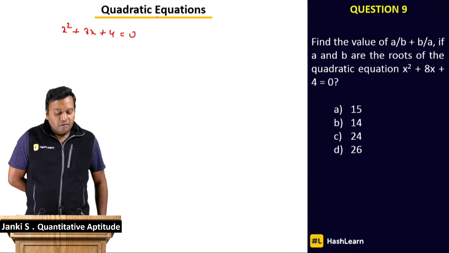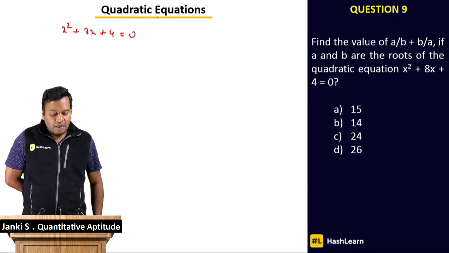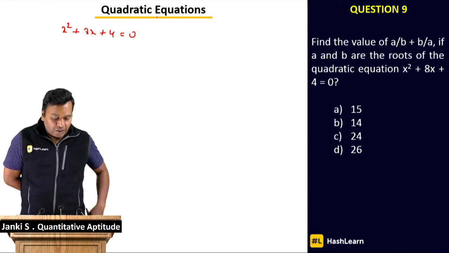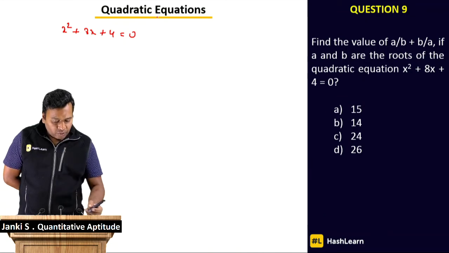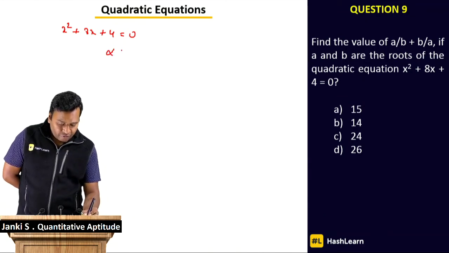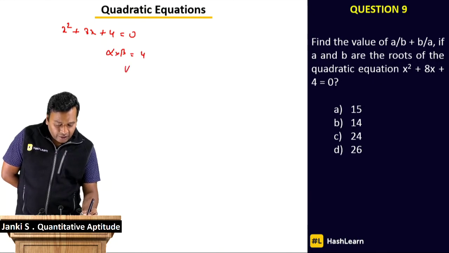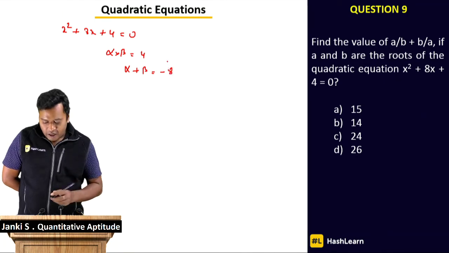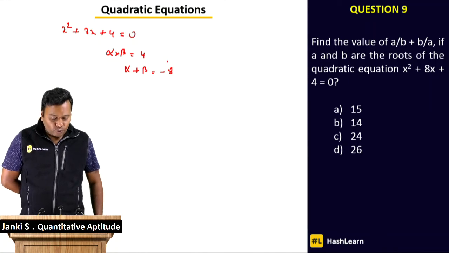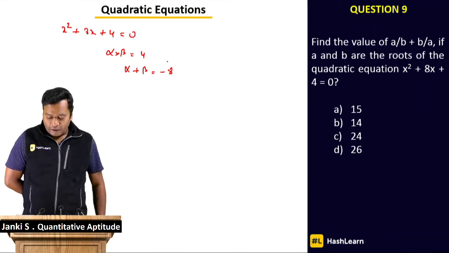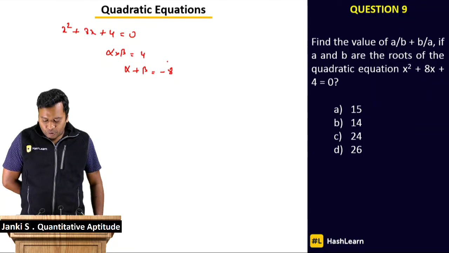Now here we have to see what possibilities there can be, right? So my possibility can be the product of the two numbers is 4, alpha into beta is 4 and alpha plus beta is equal to minus 8, right? So now here there can be a problem. I cannot break this one. So what's our possibility? I'll have to go by the basic format.